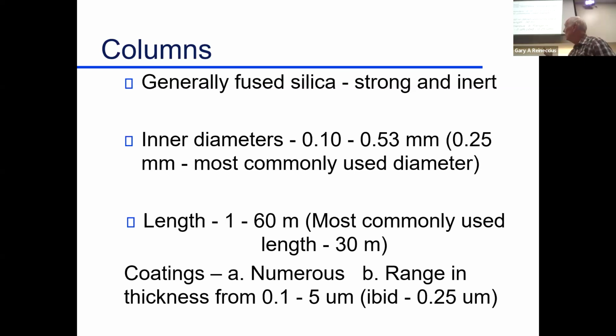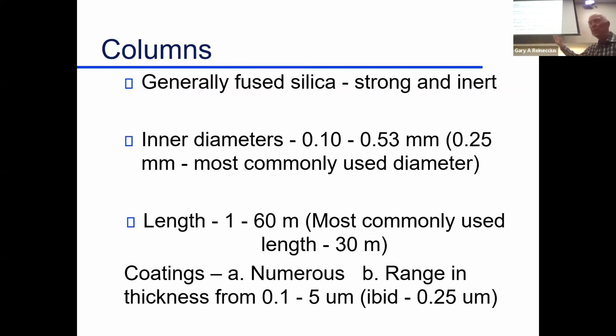The inside diameter of that column will range from anywhere from 0.1 millimeter to 0.53 millimeters. And so again, we tend to work around the 0.3 millimeter size column. With 0.25, 0.3 being the most common. The length may be 1 meter of column. It can be 60 meters of column wrapped up in there.